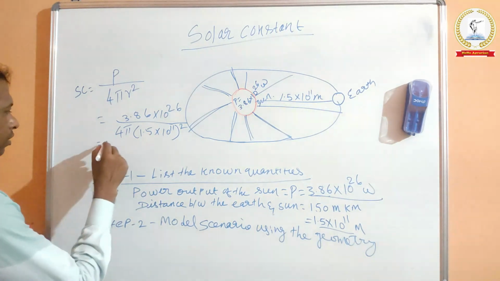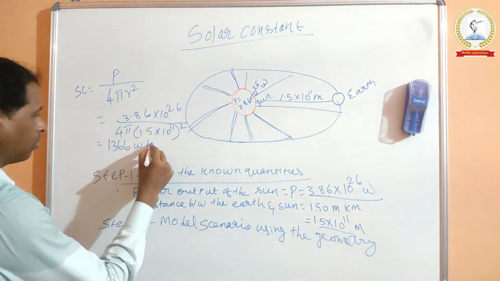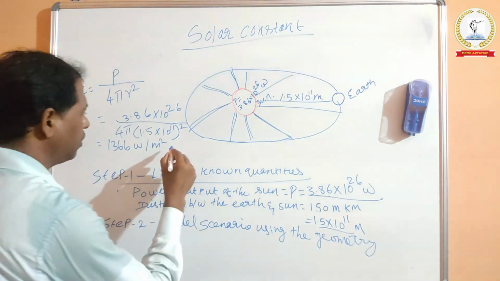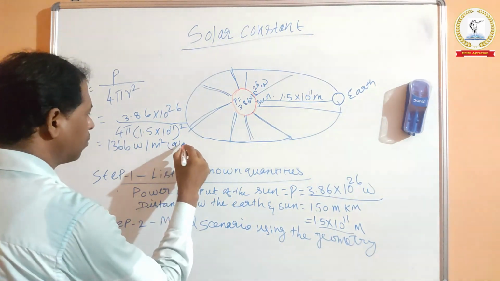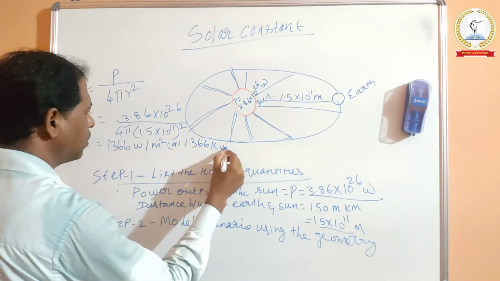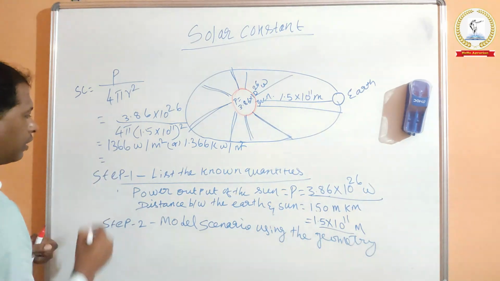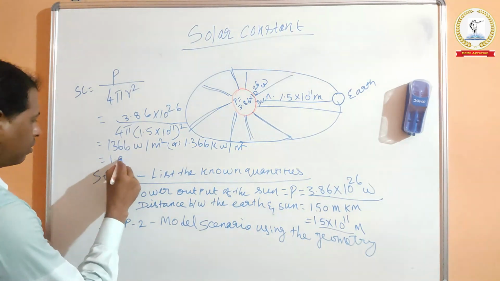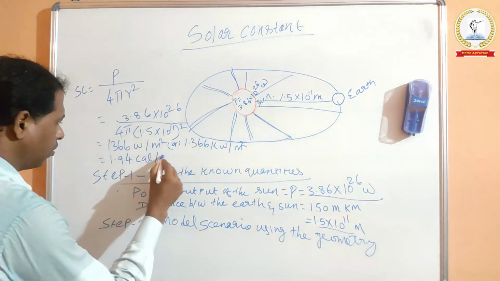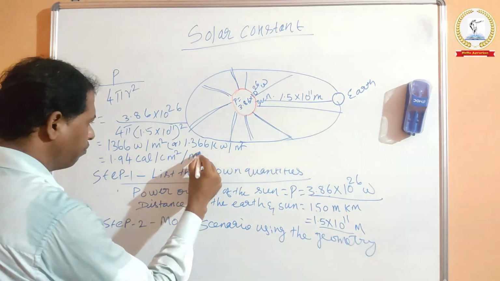So you will get 1366 watts per square meter. You can also express it as 1.366 kilowatts per square meter. In terms of calories, you can express it as 1.94 calorie per square centimeter per minute.